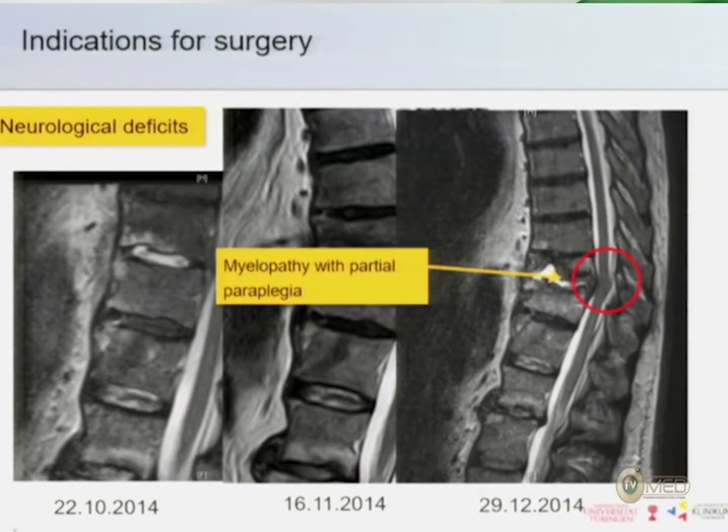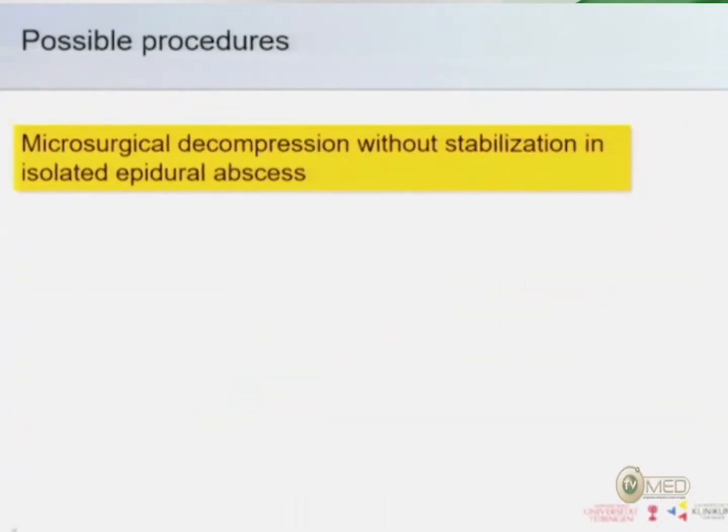Now you can see you have myelopathy with partial paraplegia, and in this case, of course, we had to do surgery 1 month earlier. And therefore, another indication is instability. You can only treat a spondylodiscitis in a stable situation.